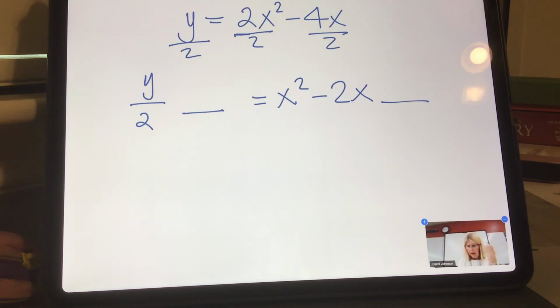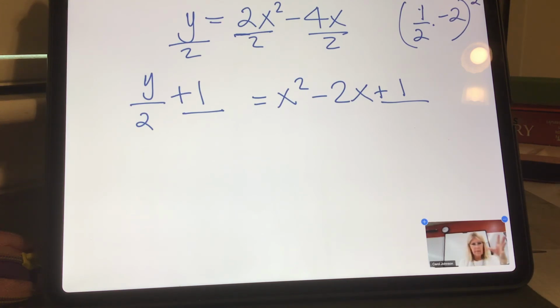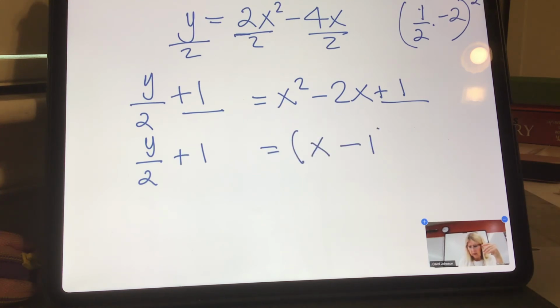Now, you complete the square. So you will take 1/2 of negative 2 and square it. That's how I'm getting my next term. So that would give you plus 1 on both sides. Have I lost a soul? Am I making sense? Okay, so now we have y over 2 plus 1 equals, you factor this, which will give you x minus 1 squared.